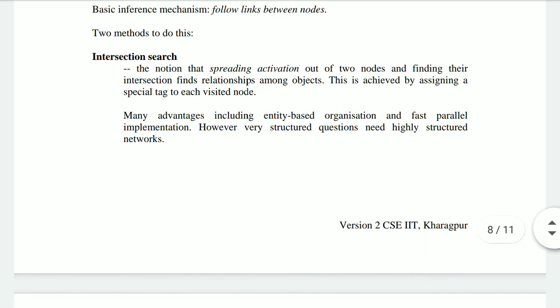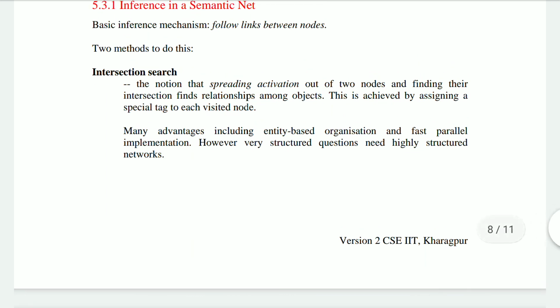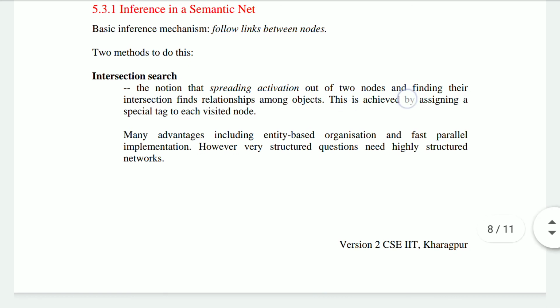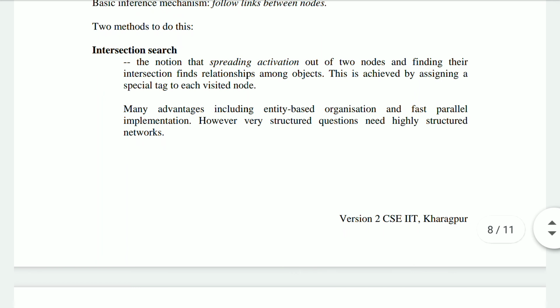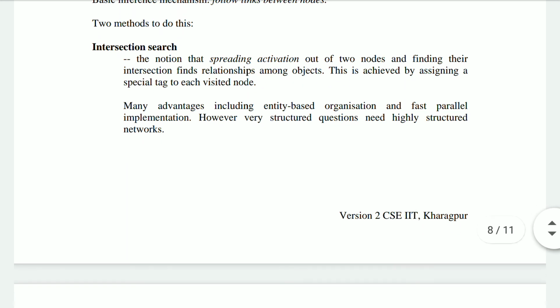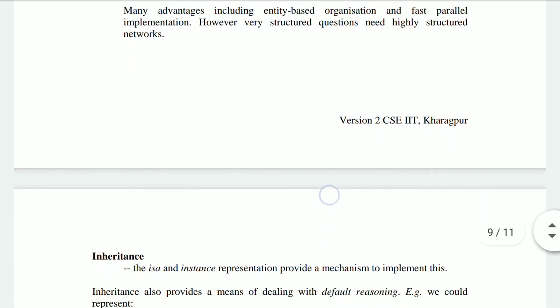In intersection search, the notion is spreading activation out of two nodes and finding their intersection, which finds the relationships amongst objects. That means the point where the relationships between two objects intersect talks about the particular node where they have their relationship. This is achieved by assigning a special tag to each visited node, right?